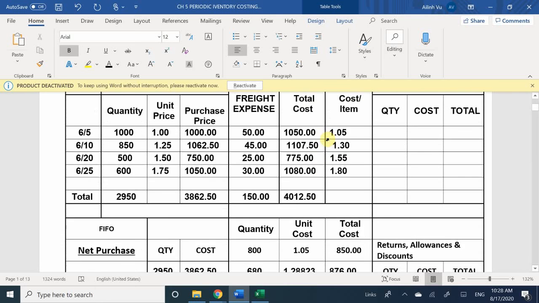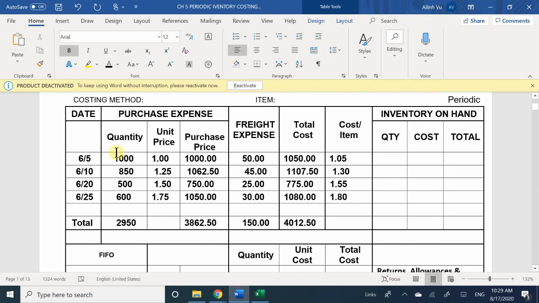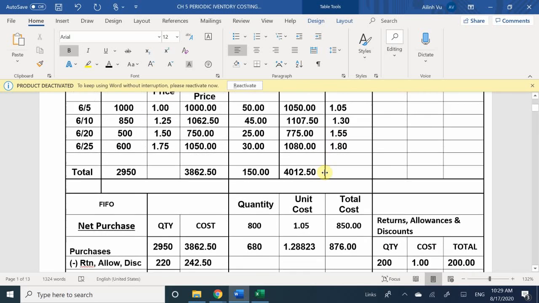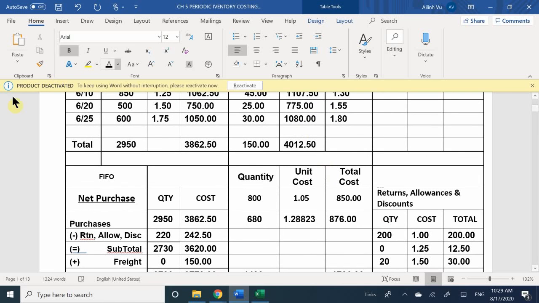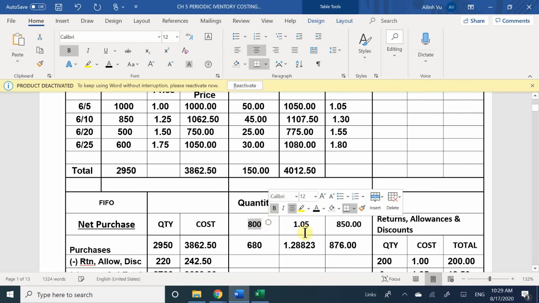Okay, we calculate all of our purchases just as normal, because this is only dealing with our purchases. However, everything that we've returned or discounted will affect the actual result as far as the true value of your inventory. So again, we started with 1,000, but we returned 200. Therefore, we got 800, and we adjusted the value accordingly.